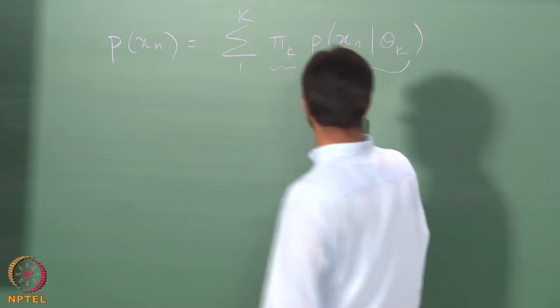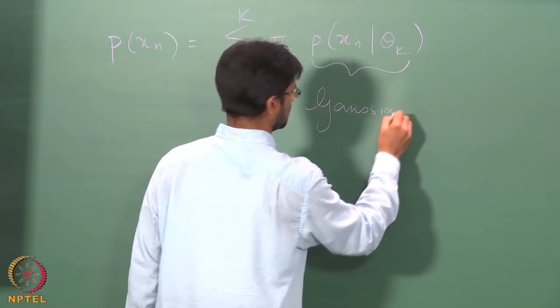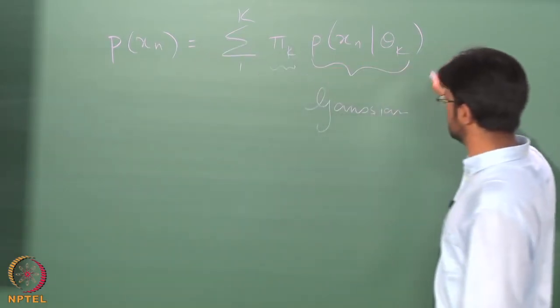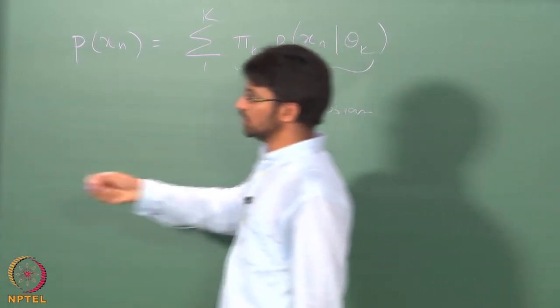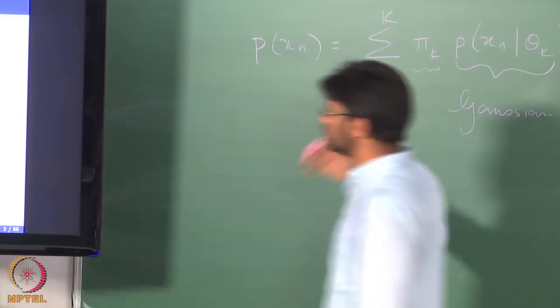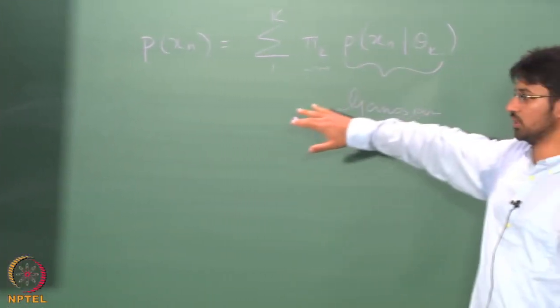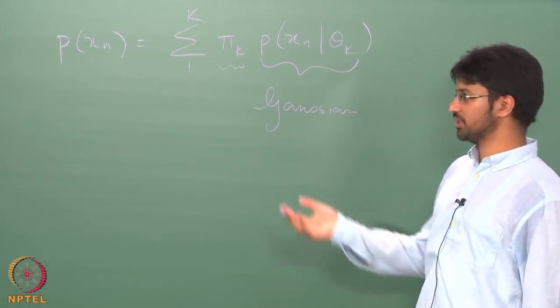The most common is the Gaussian. When this follows a Gaussian, this is called a Gaussian mixture model, right, and this is one of the most commonly used mixture models in a lot of different domains, in bioinformatics, in speech processing.